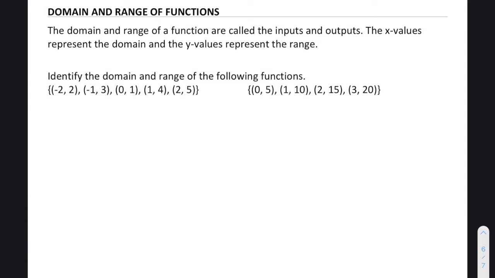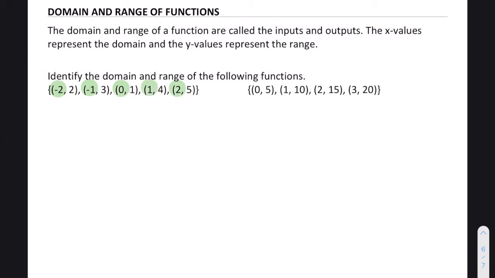And when I say that, what I mean is the x values represent the domain and the y values represent the range. And so all we have to do if we're given a set of ordered pairs is identify the x values, identify the y values, and we know what the domain and range are. So again, I can use my highlighter to just highlight the x values.